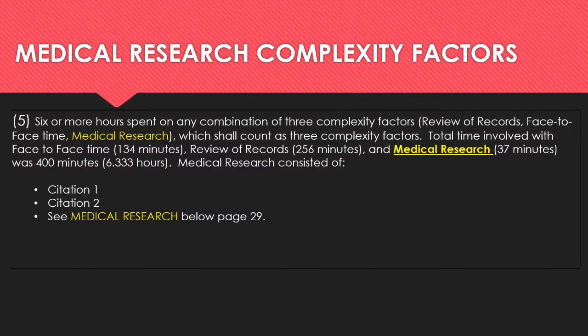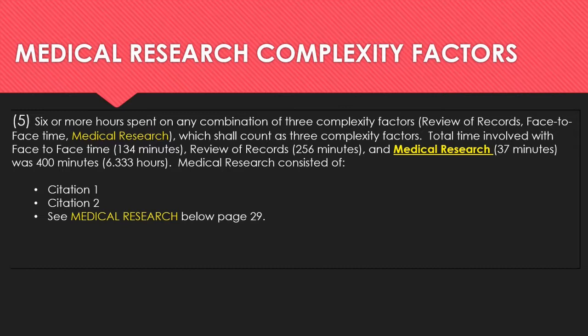Okay, so this is how this is going to look in the body of your report. Remember, the complexity factors under CCR 9795 tell us that we are to include a separate section in the beginning of our report wherein we elaborate on our use of the complexity factors.